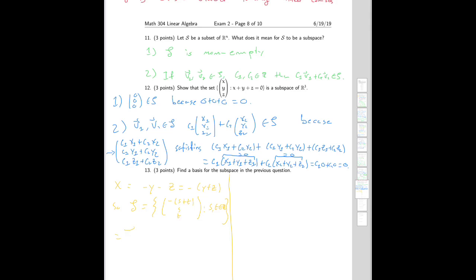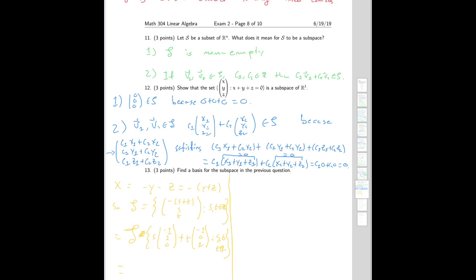Okay, but this is just equal to the set of vectors of the form, I'm going to just separate the s and t stuff. So this is s times (-1, 1, 0) plus t times (-1, 0, 1), where s and t run through the real numbers.